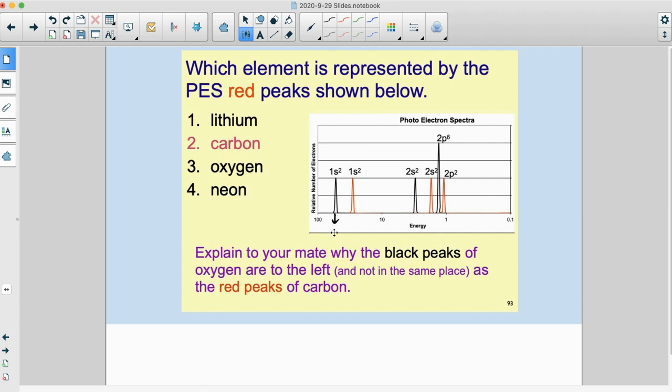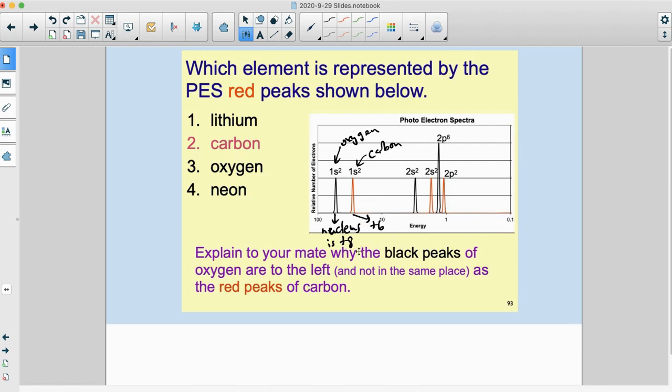This is oxygen, and this is carbon. The nucleus here is +8, and for carbon, it's +6.